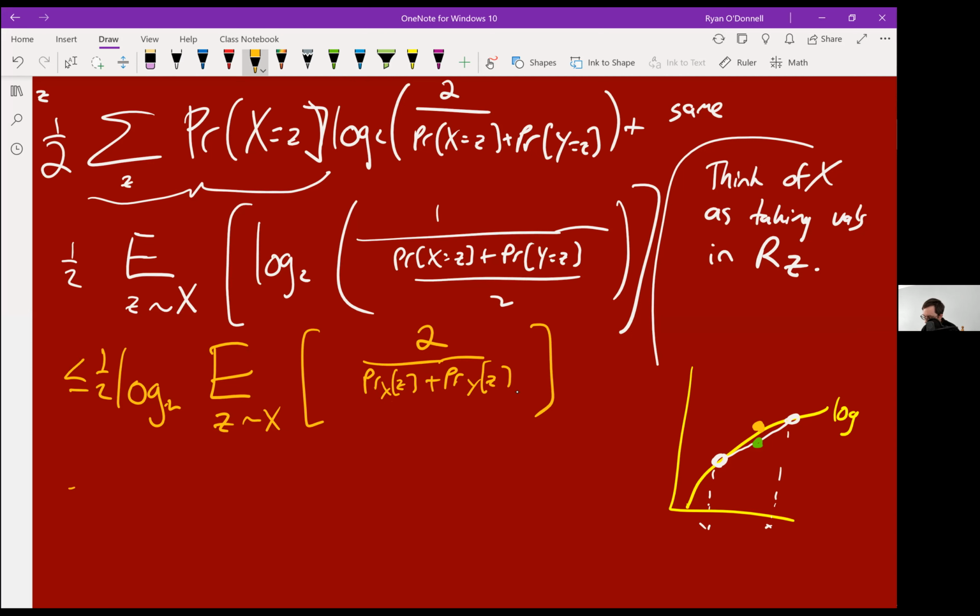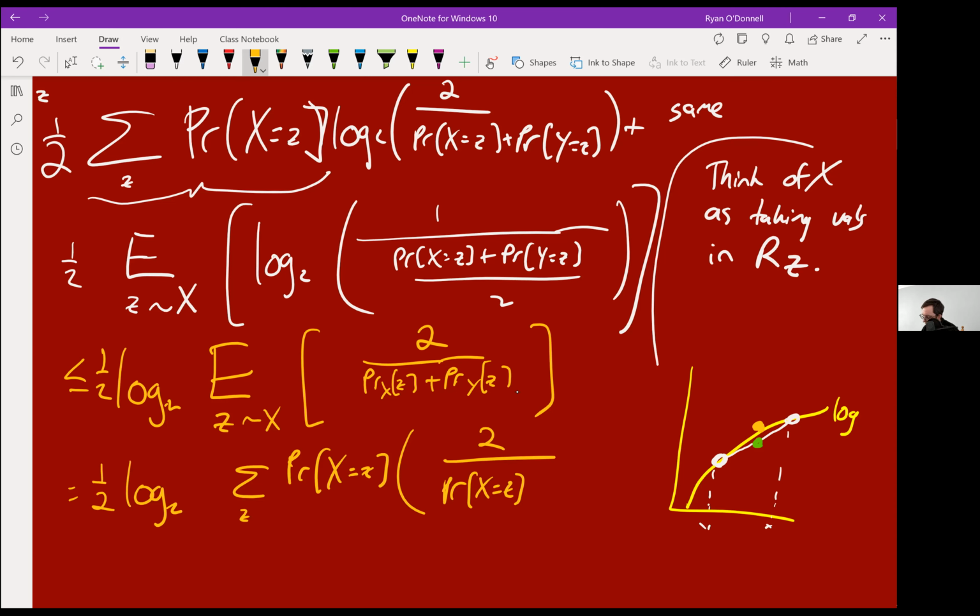You could say that, okay, let's just keep going on autopilot until we get stuck, like log base 2. We're going to turn this back into a sum over z, probability that X equals z. It's 2 over, doesn't look so great. X equals z.